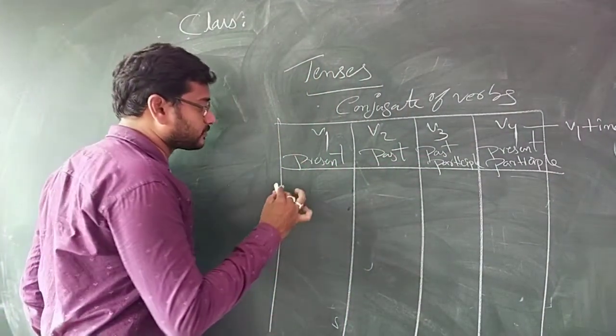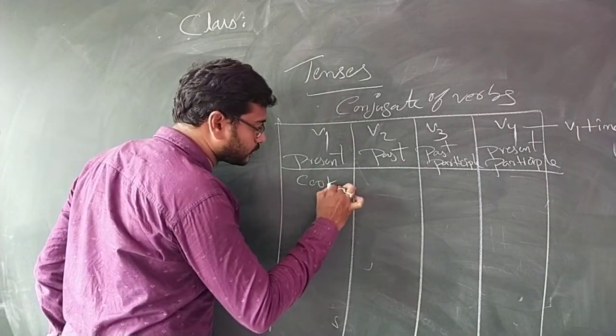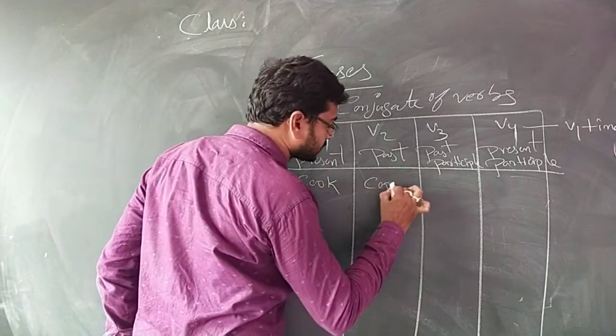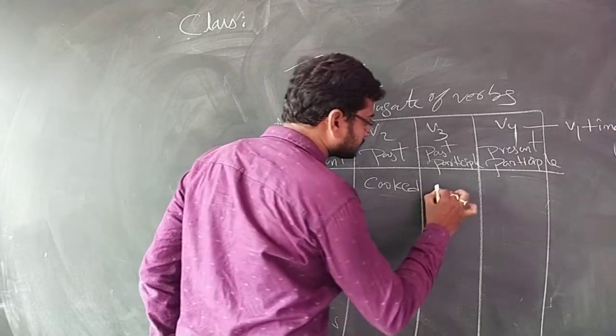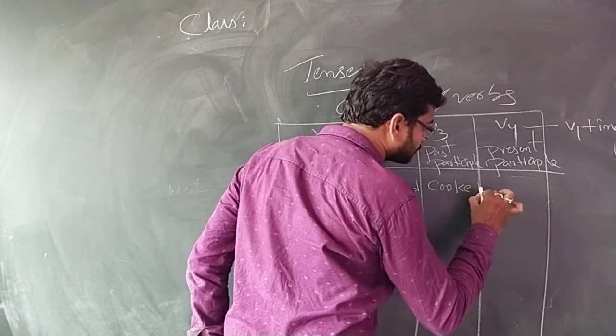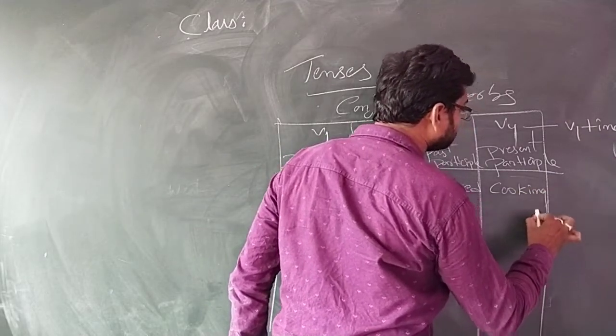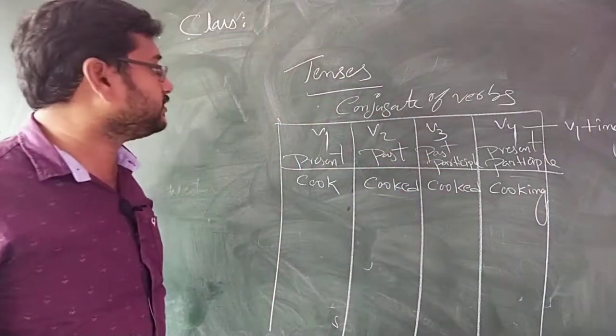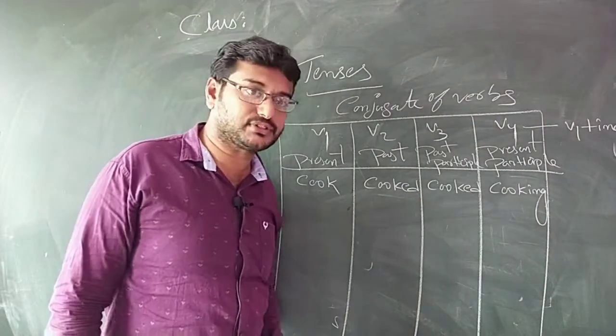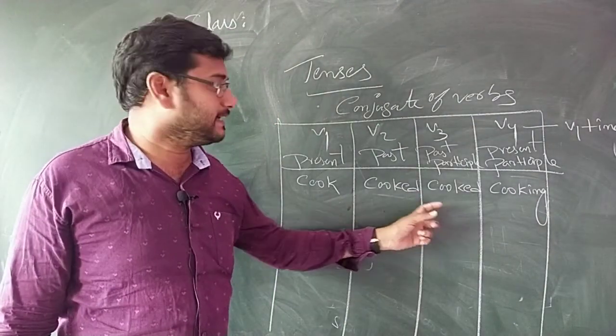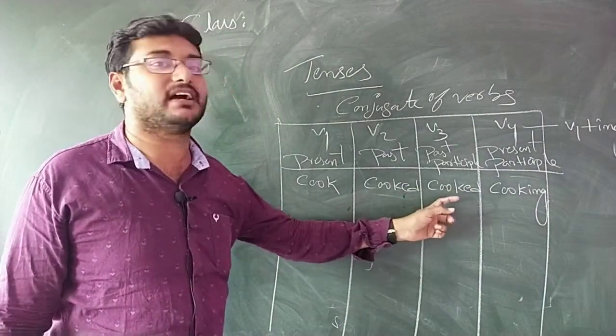First one, cook, cooked, cooked. V4, cook plus ing, cooking. Now when you observe V2 and V3 forms, you can see cooked and cooked, ed and ed. V2 and V3 are the same.